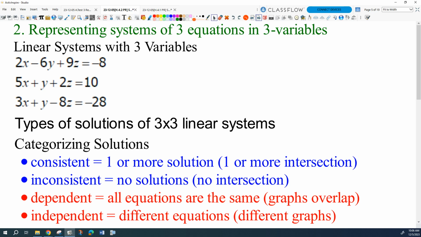So a system is going to include 3 planes, and the solutions of the system, just like in a 2x2 linear system, are every ordered triple in this case that satisfies all 3 linear equations at the same time. So it's going to be all the points that simultaneously lie in all 3 planes, right? That's what a solution to a 3x3 system would actually mean graphically, right? So let's explore that a little bit.